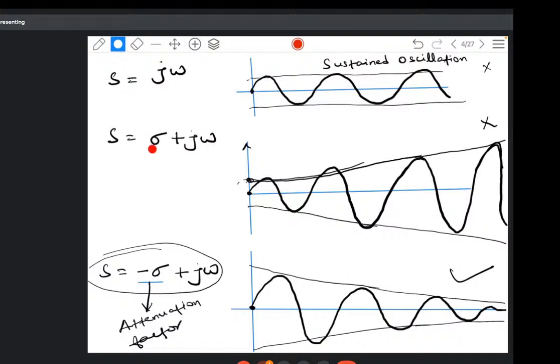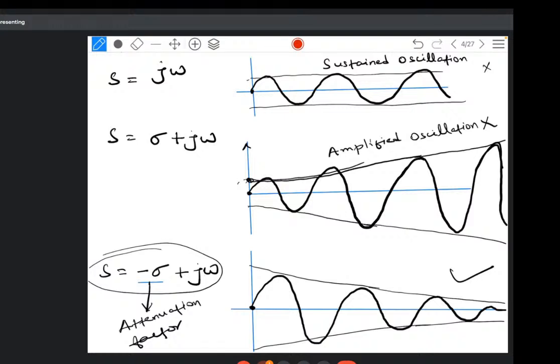That means this real term will amplify the oscillation, so the oscillation continues to increase and finally becomes unbounded. These kinds of oscillations are also not accepted. So the sustained oscillation or amplified oscillation are not accepted in second order transient response analysis.